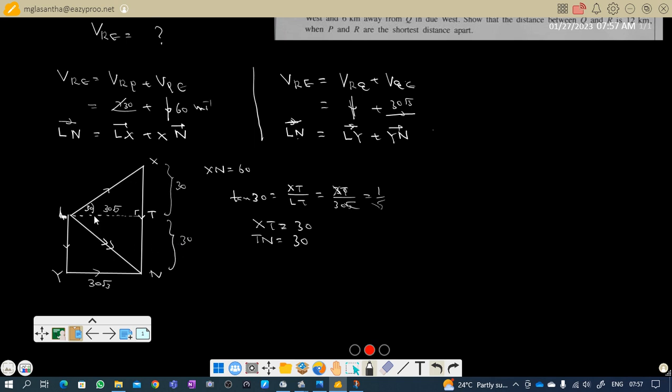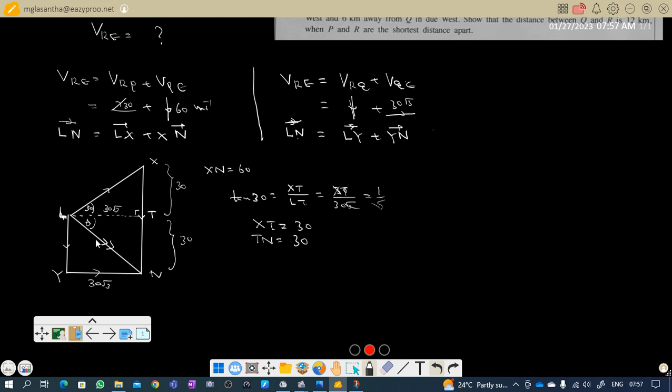Now you have to find theta. Theta and LN you have to find, right? You want the velocity of R relative to Earth, that is LN.